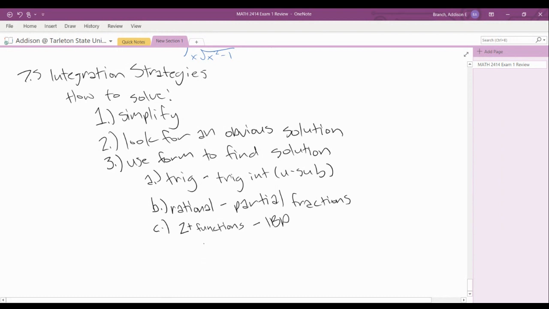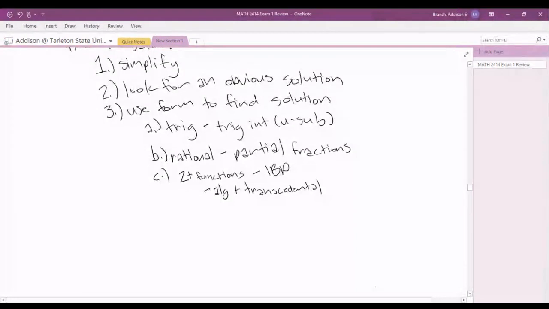Ideally, if you have an algebraic function, like a polynomial, and a transcendental function, and transcendentals are going to be logs, exponents, and trig, because those are usually going to be the ones that work out the best. But you can still play with it and see what you need to do.